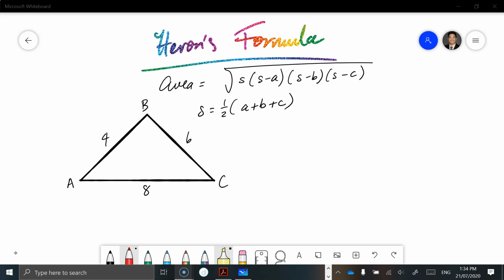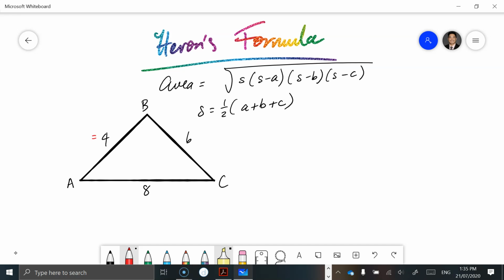Again, it's all substitution. So the area is the square root of everything on the inside here, which is S multiplied by S minus A times S minus B times S minus C. Now, to work out what S is, it is going to be half of A plus B plus C. Okay, and so here we have C, here we have A, and here we have B. So let's work out what S is equal to first.